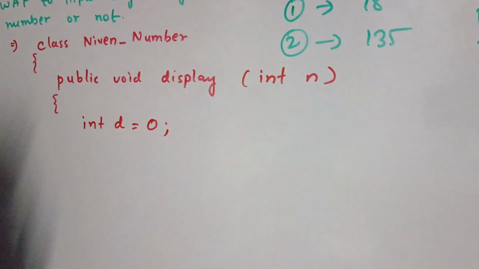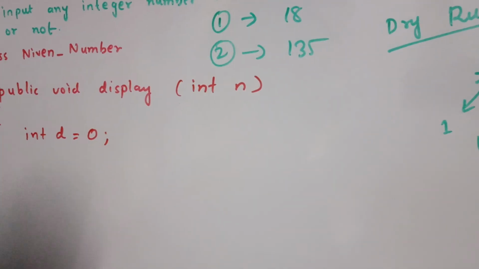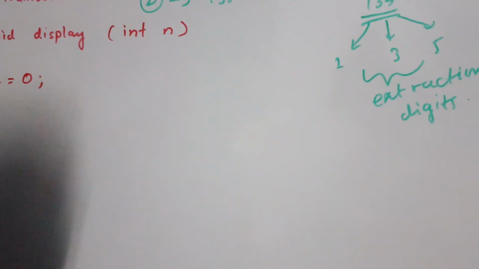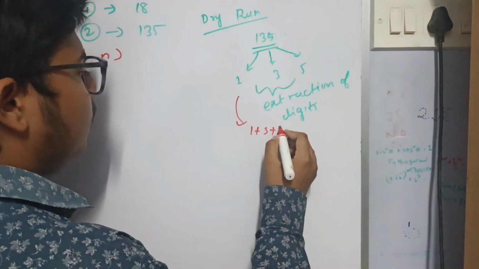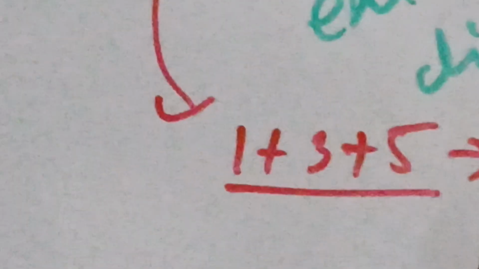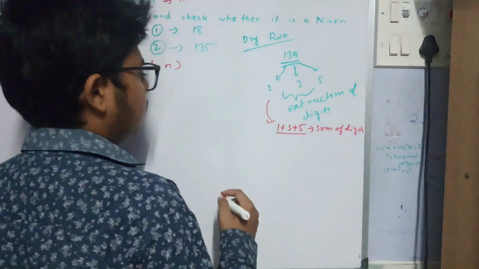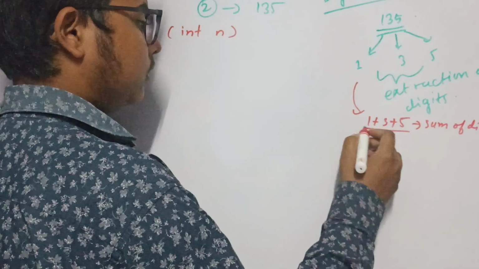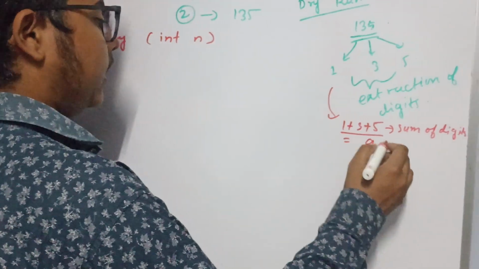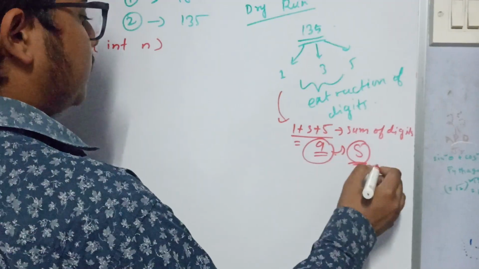Once we find the digits, we have to find the sum of the digits, which is 9. In order to store this sum, we need another variable s.